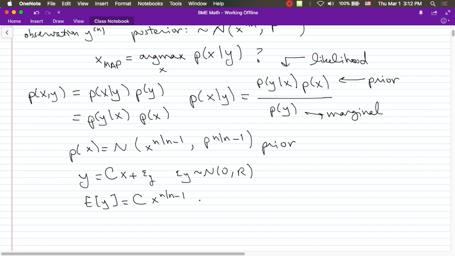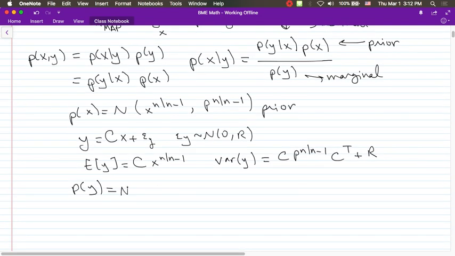That's what we think we should be getting when we make our estimate y. This is our prediction. And then the variance of y is C times my prior uncertainty, C transpose, plus R. So p of y, the marginal for our example here, is a normally distributed random variable with mean C x of n minus 1 and variance C P of n minus 1 C transpose plus R.